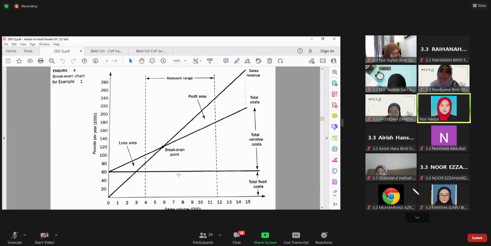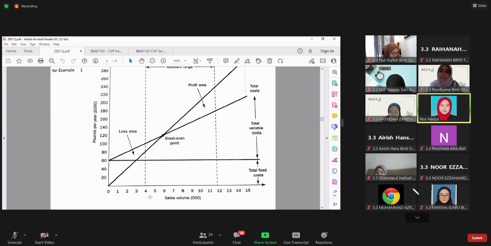This break-even point is calculated according to the price and cost at 4,000 to 12,000 units. If it is outside this range, the answer will be different. So you have to recalculate it. Alright? Any question?